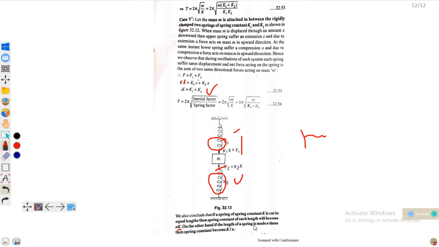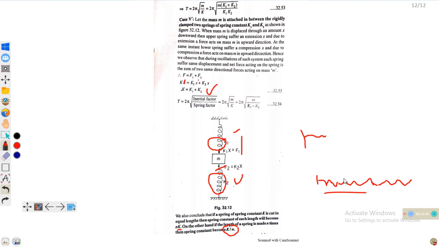On the other hand, if the length of the spring is made n times, if we connect springs in series, it means we are increasing the length of the spring. So in this case our spring constant will decrease by n times. If we join two pieces of the same length, our effective spring constant will be k over 2. If we connect 3 pieces in series, our effective spring constant will be k over 3.